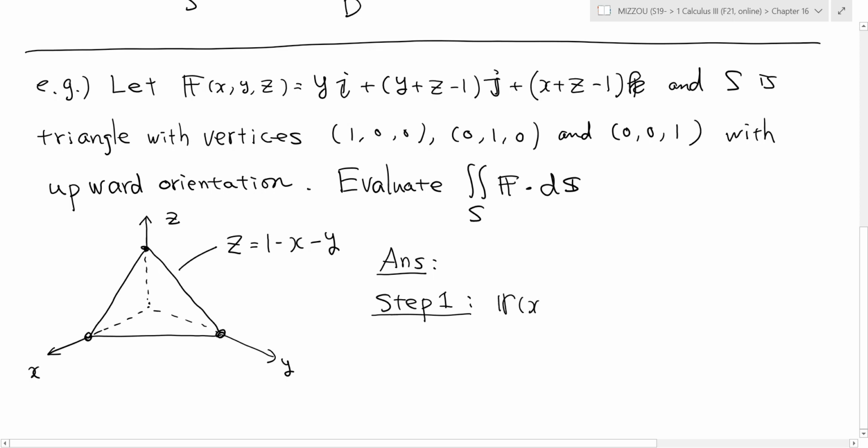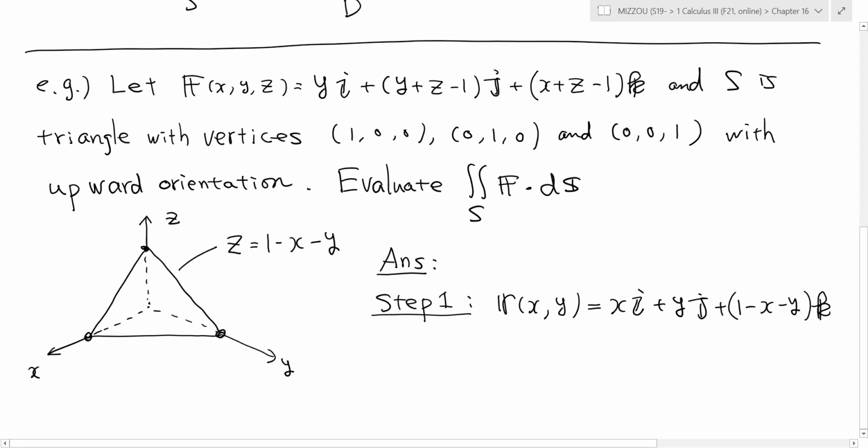Namely, we use x and y as parameters: u is x and v is y. The x component is just x, the y component is y, and the z component is 1 - x - y, so r = x i + y j + (1 - x - y) k.